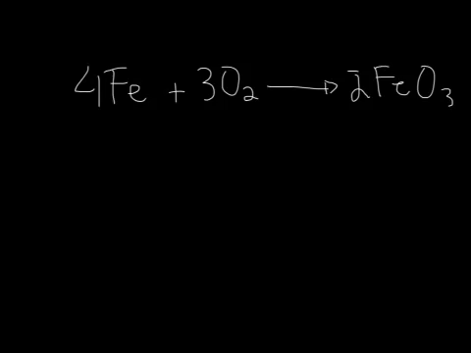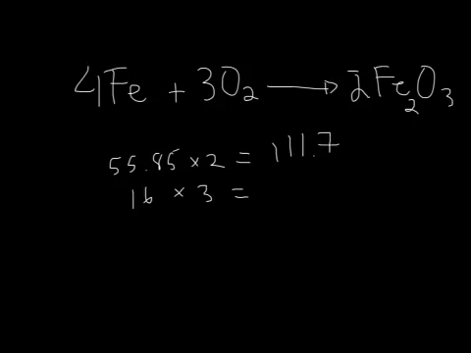Iron, according to the periodic table, has a mass of 55.85. In rust, we have 55.85 times 2, and oxygen's mass according to the periodic table is 16, so you have 16 times 3. 55.85 times 2 gives you 111.7, and 16 times 3 gives you 48.